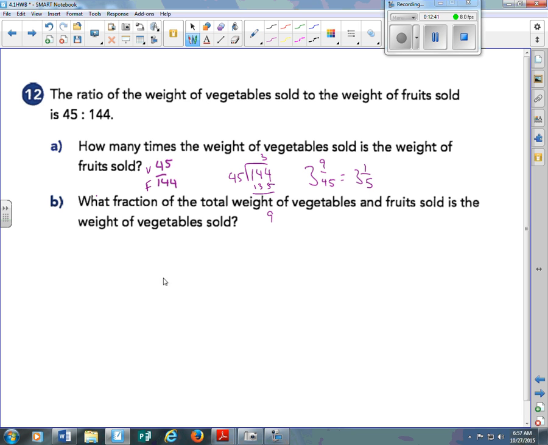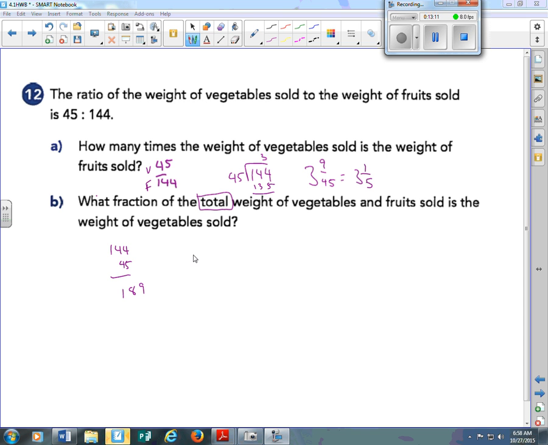What fraction of the total weight of vegetables and fruits sold is the weight of the vegetables sold? The key here is the total. So you would have to take 144 and 45, add them together, you get 189, and then set up the fraction the way that it's asking.